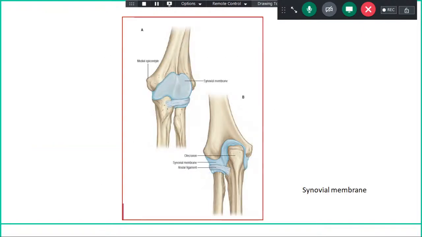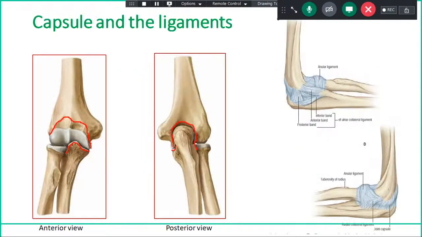Okay. Now here I would like to, I just forgot. So these parts, the coronoid fossa, the radial fossa and the olecranon fossa, at this part there is an extra capsular pad of fat. Okay, that means extra synovial, extra capsular.